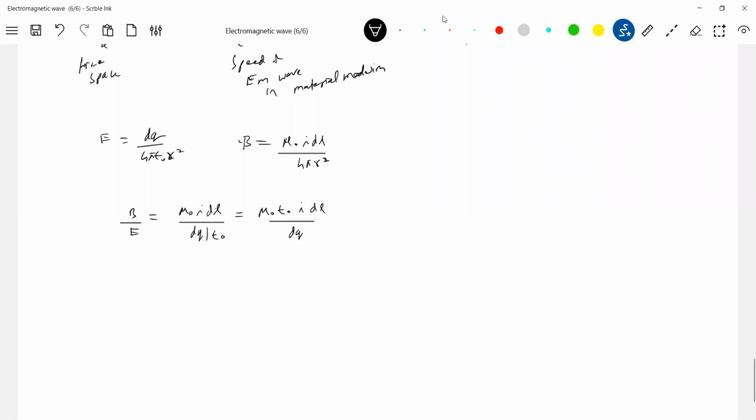I should be dq by dt. This dl, you can write it as some dr. Let's make it generalized here. dr by dq. No? So dq get cancelled. So mu naught epsilon naught dr by dt.